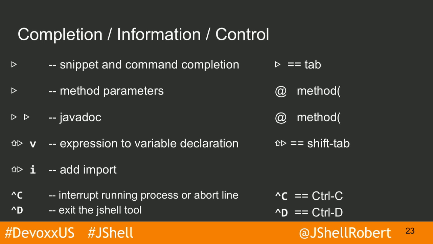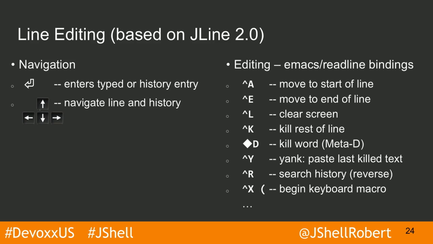With Control-C, you can interrupt a running process, and with Control-D, you can exit. Underlying all this, the JShell tool is built on JLine 2, which is a read-line implementation in Java. So it gives you all the common editing things you might be used to from Emacs. You can navigate with the arrow keys through the line or through the history of what you've entered.